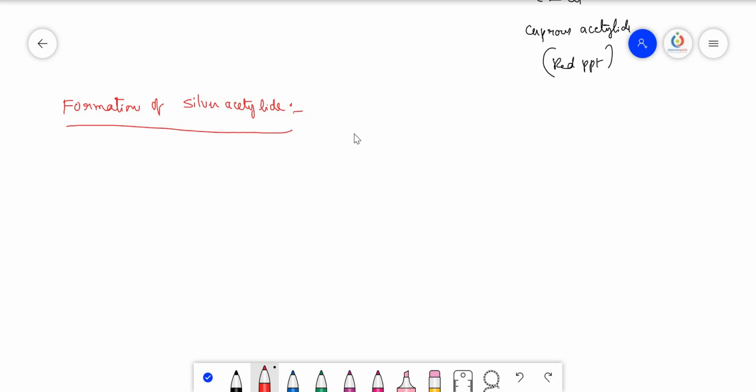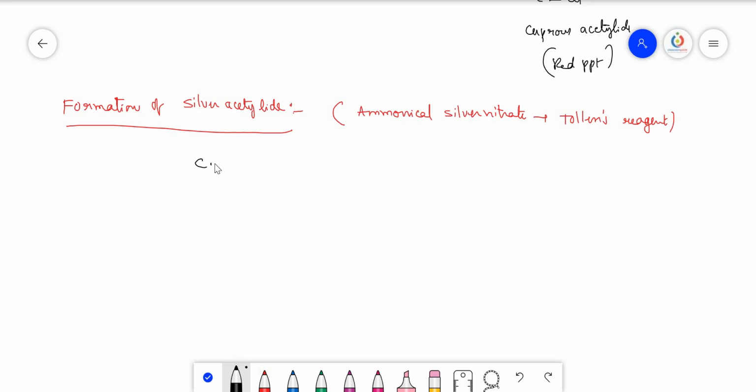We know that ammoniacal silver nitrate is called Tollens reagent. We might have studied that carbonyl compounds, aldehydes, react with Tollens reagent, so that is a test for carbonyl compounds. But apart from carbonyl compounds, even terminal alkynes also react with Tollens reagent.